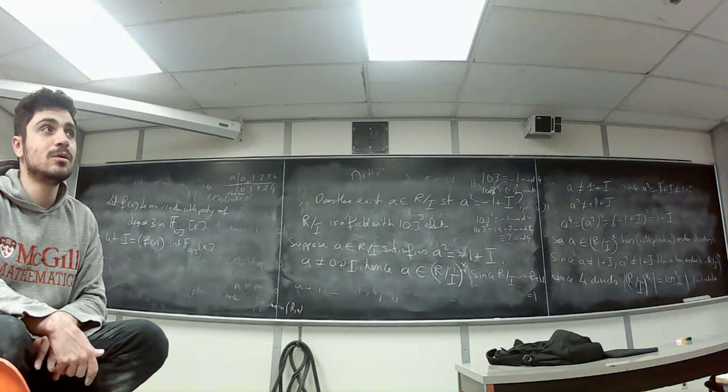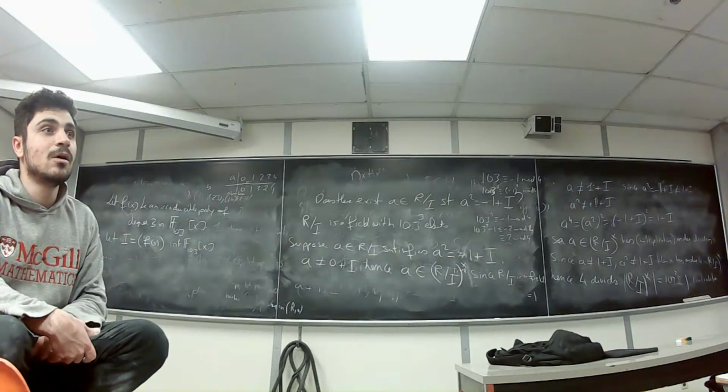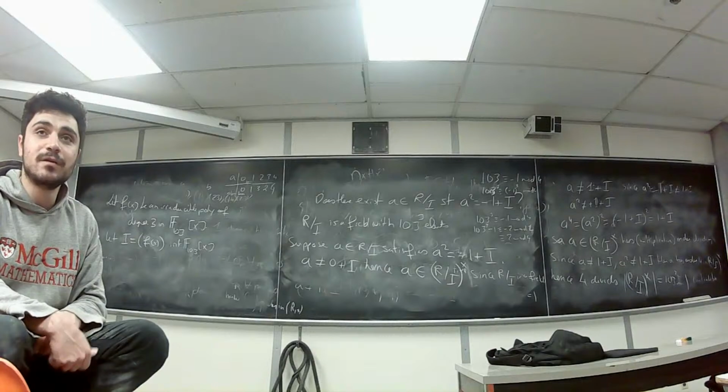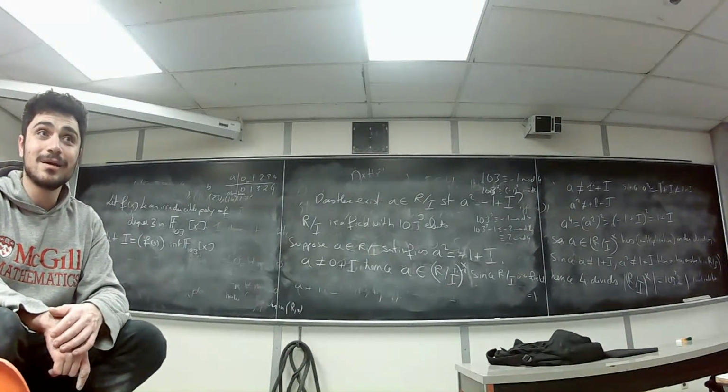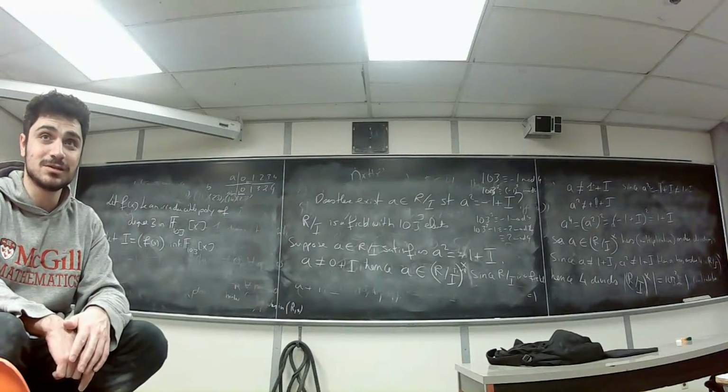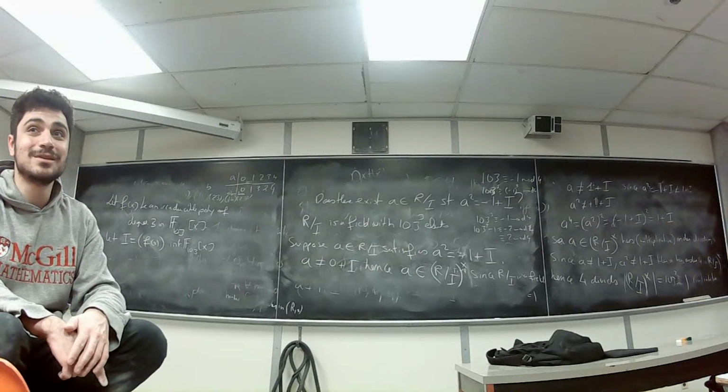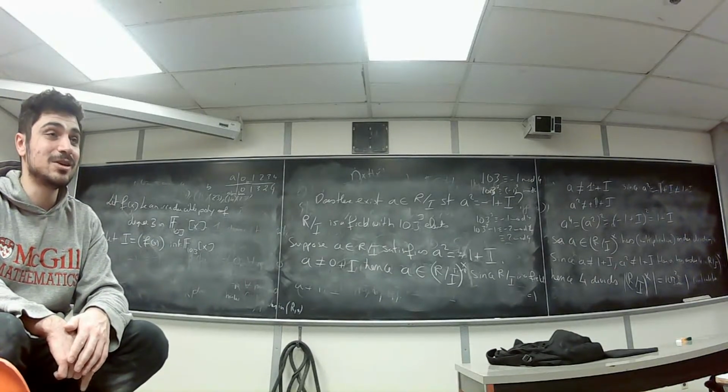So if I give you F43[x] and an irreducible polynomial of degree 5, in the quotient ring that has 43 to the 5 elements, could you find an element such that a squared is equal to minus 1?